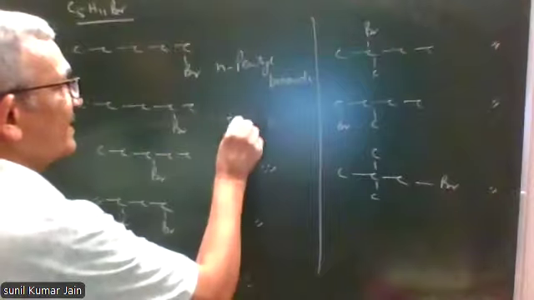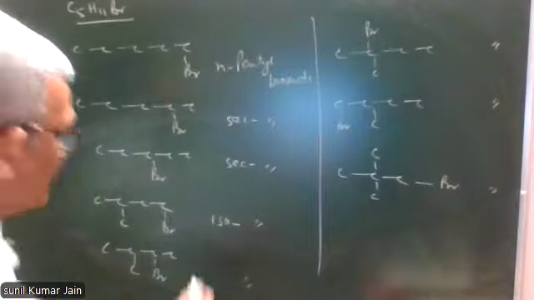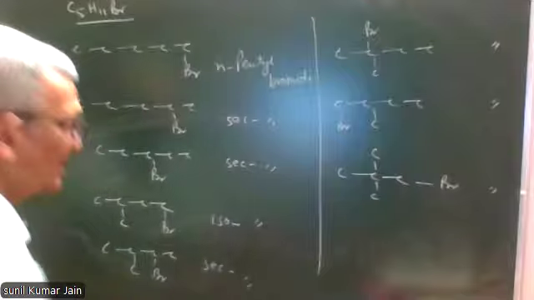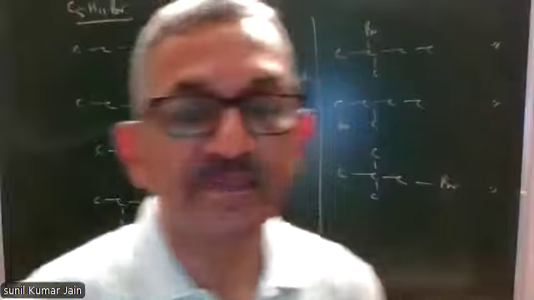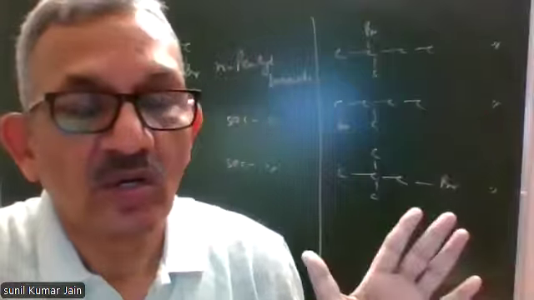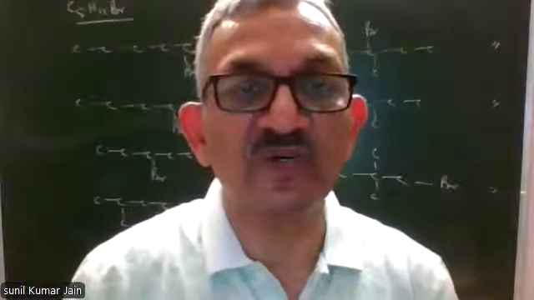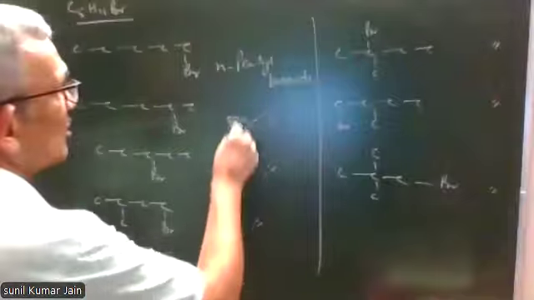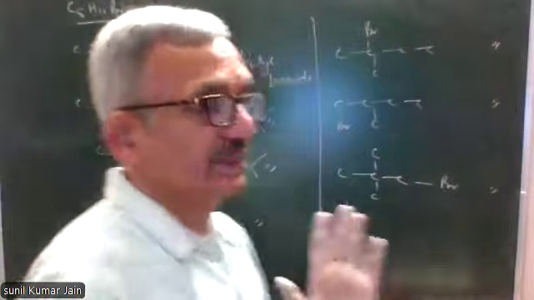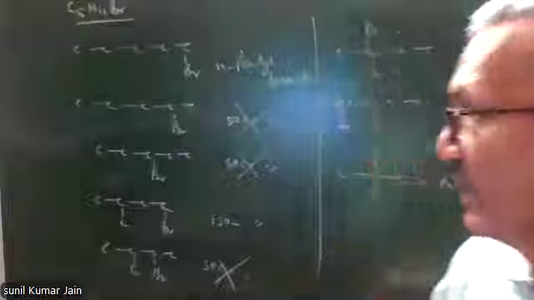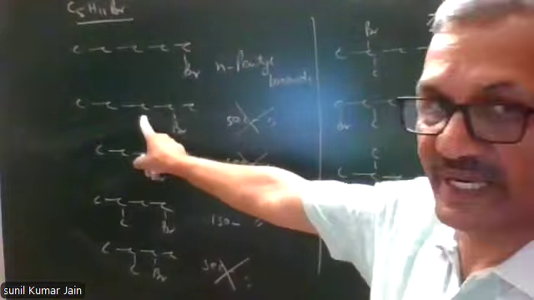This is secondary. This is secondary. This is also secondary. Since there are more than one secondary, a common name with the secondary prefix will not be used for any one of them. No common name. So remember, this is not secondary pentyl bromide.